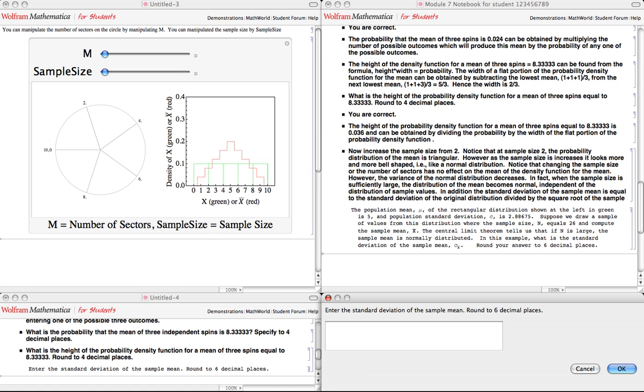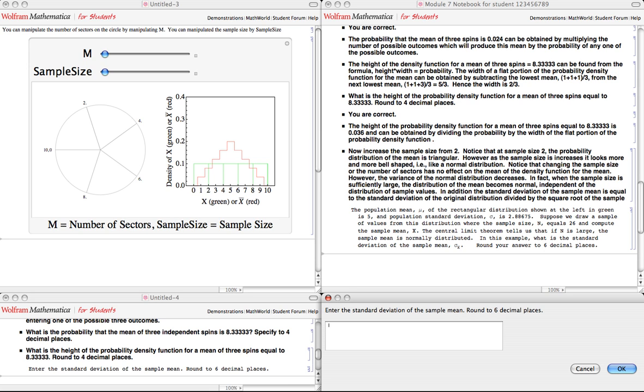The next question says you have a population mean of a rectangular distribution equal to 5. The standard deviation is equal to 2.88675. You draw a sample from this distribution with a sample size n equal to 26. That's large enough for the sample mean to be normally distributed. What is the standard deviation of the sample mean?